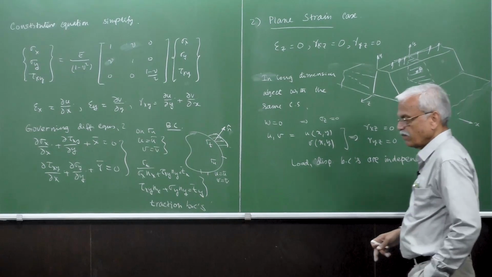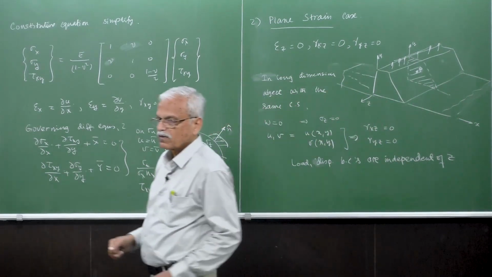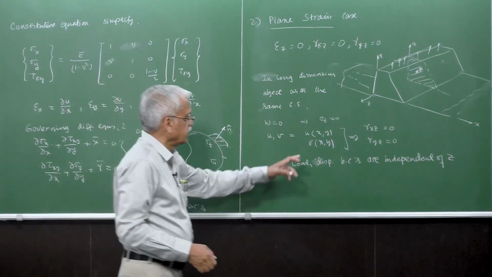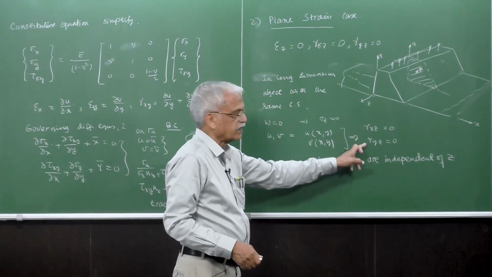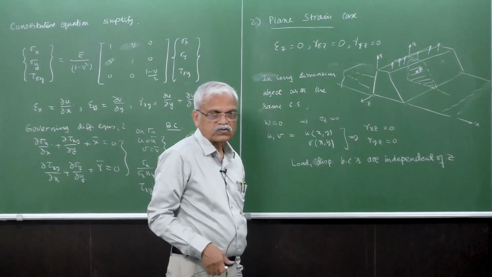So that way, the strains epsilon Z as well as gamma xz and gamma yz are also 0.